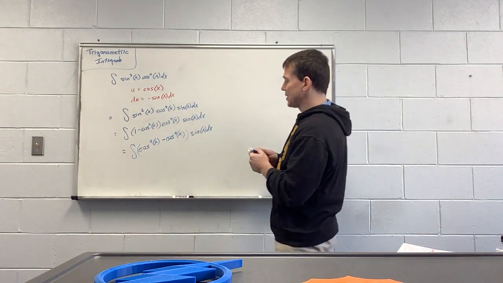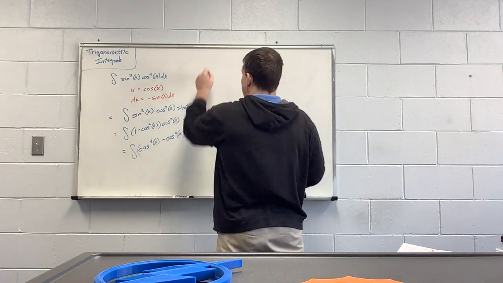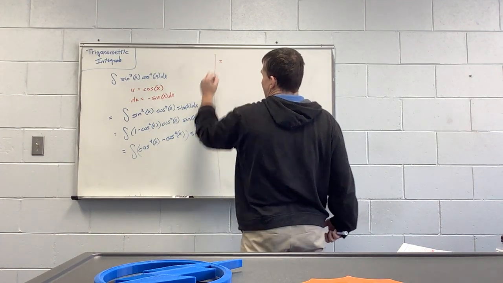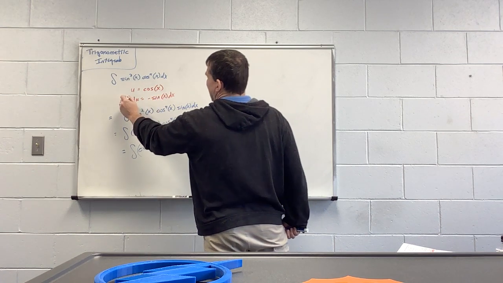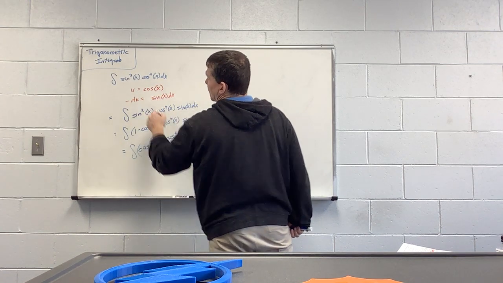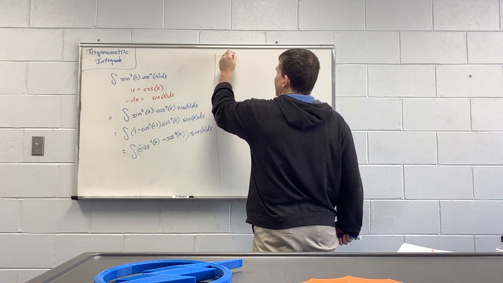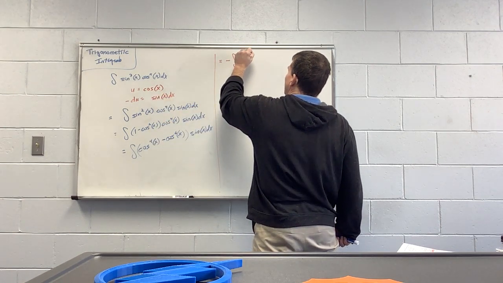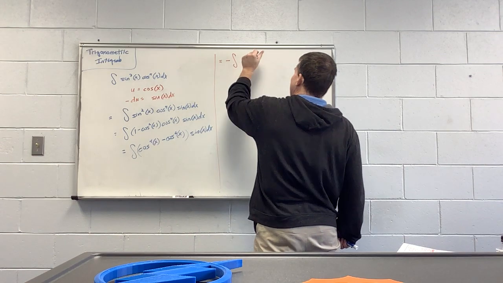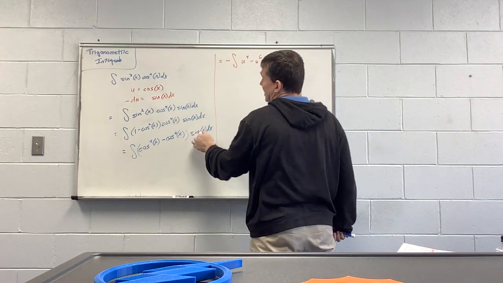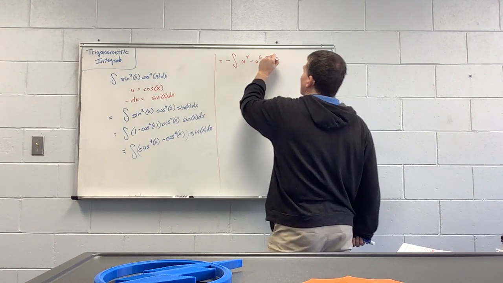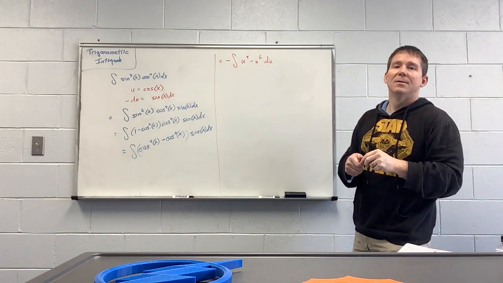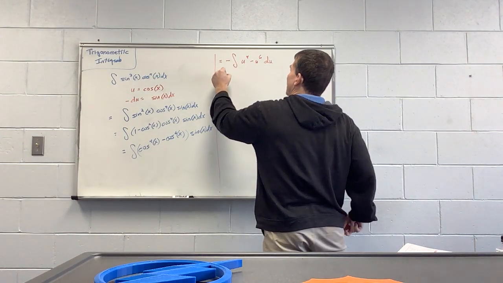Now I'll apply my substitution. In this case, I know I need the negative for sine x dx, so I'll pull that to the front. Negative of the integral, cosine is u, so u to the fourth minus u to the sixth, and sine x dx is du. Now that's just a simple integral.